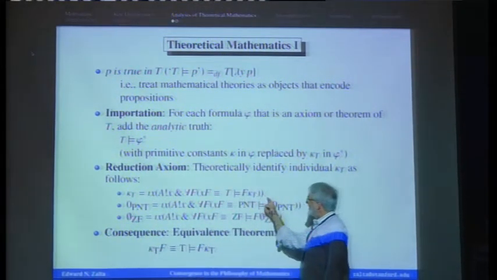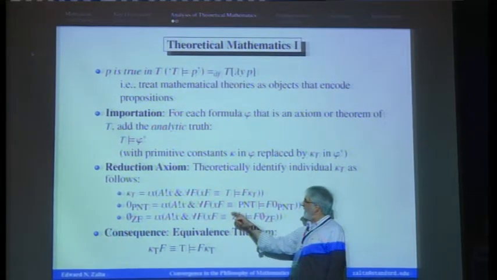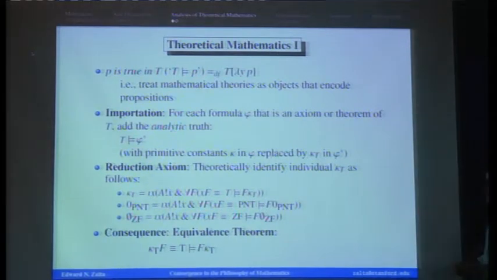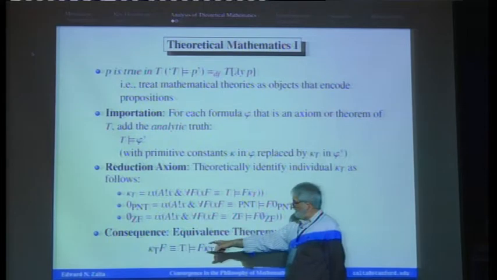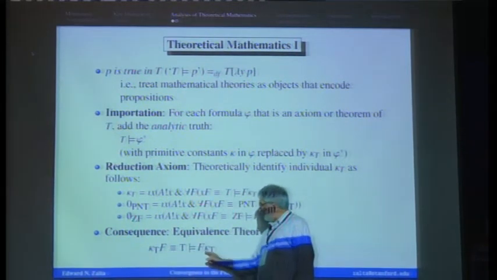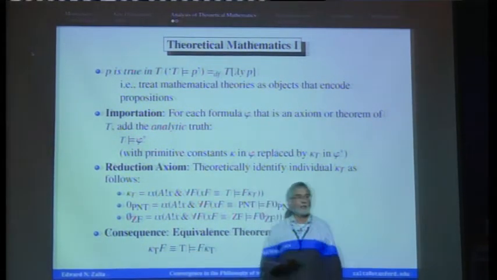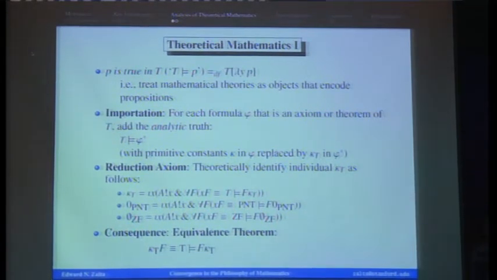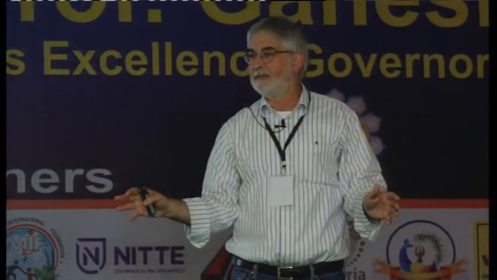And you can identify them with the properties that they have in their respective theories. So you get, as a consequence, that the constant in question encodes a property if and only if it exemplifies the property in T. Now this helps to really give us an interpretation. This formalism now works for an arbitrary mathematical theory.